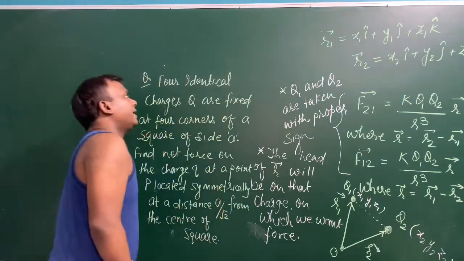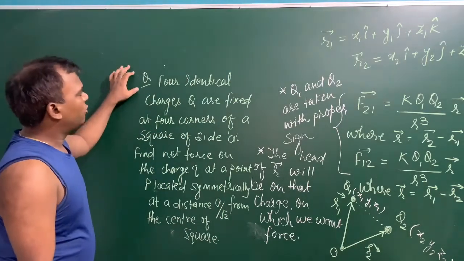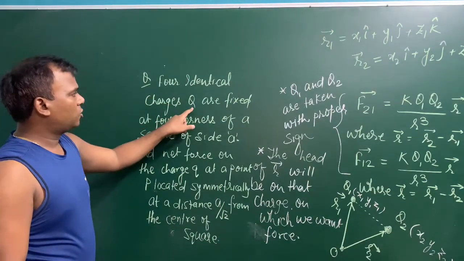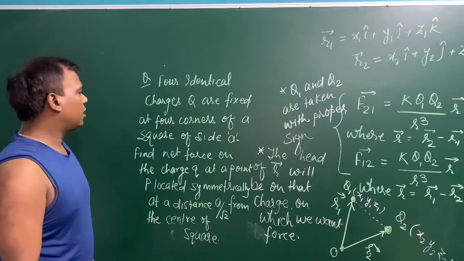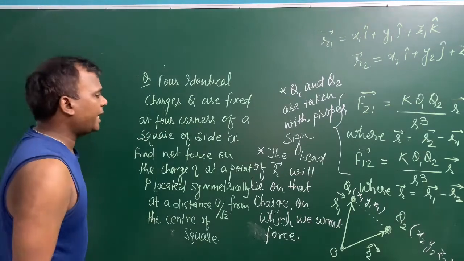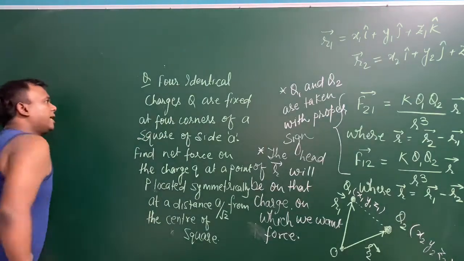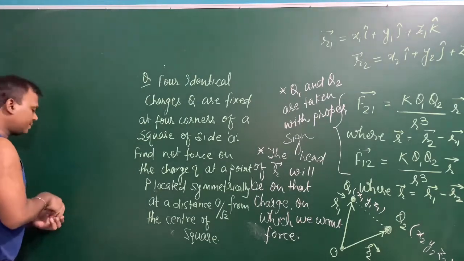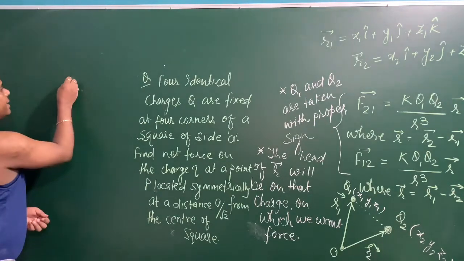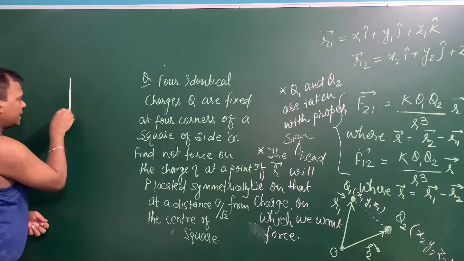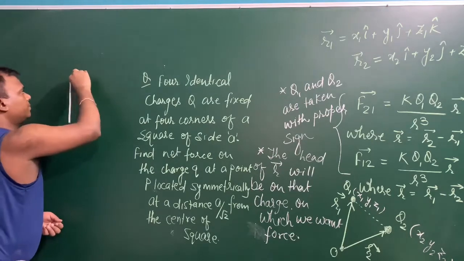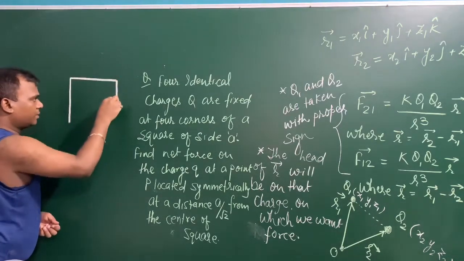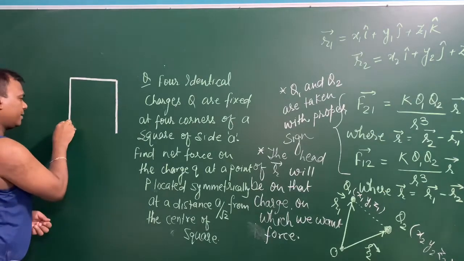Now look at a problem. Four identical charges Q are fixed at the corners of a square of side a. There is a square whose side is a, and at every corner there is a charge Q. So let us consider this is a square.